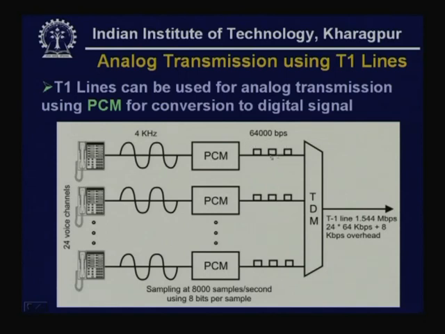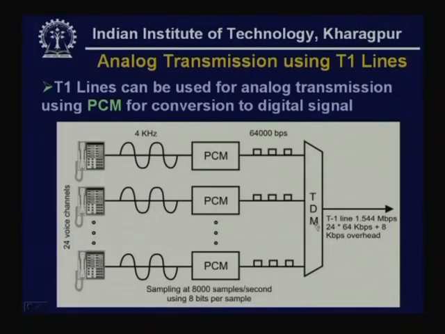Then these 64 kilobit per second channels are combined by using time division multiplexing. Here, you are not using frequency division multiplexing, because this is digital transmission, it is no longer analog. In the earlier case, for analog services it was frequency division multiplexing.